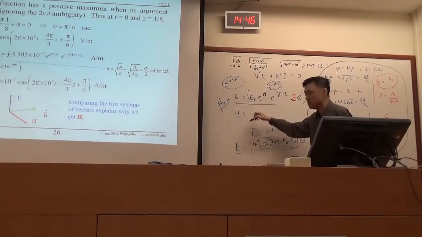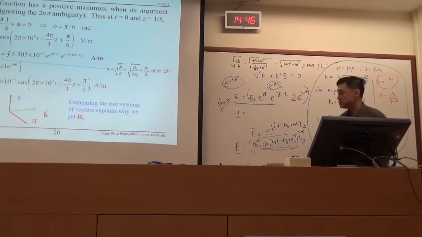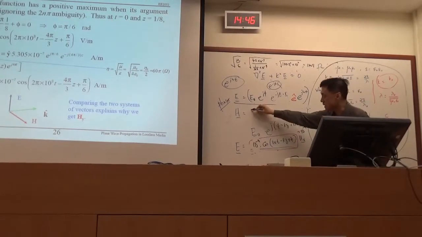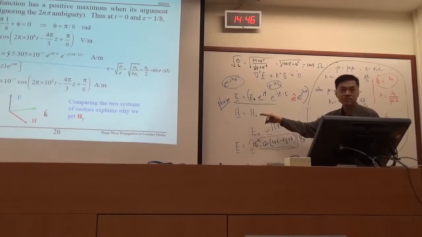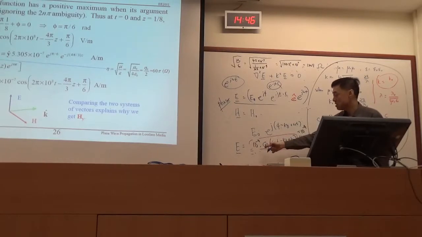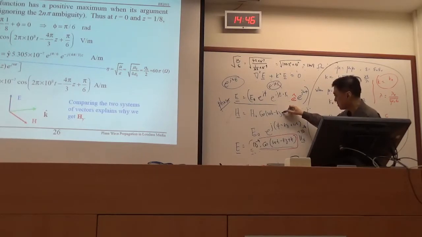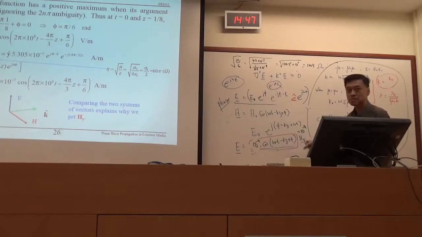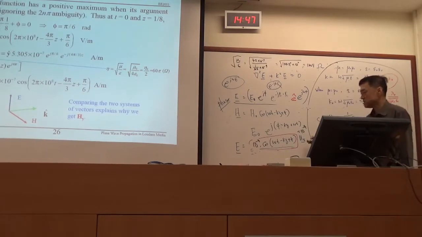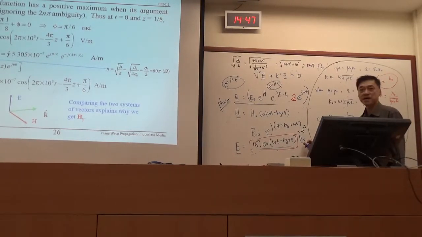Can I write it down without looking at the solutions? Yes, I can. I can have an H naught, which I have to find after that. This thing exactly the same. This is X, propagation is Z, so this is Y straight away.